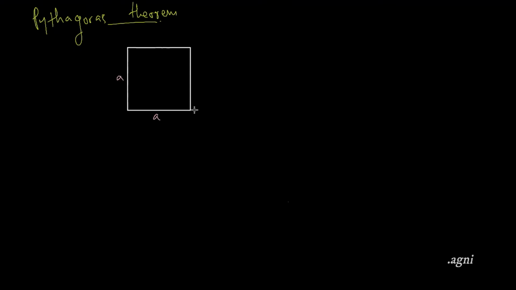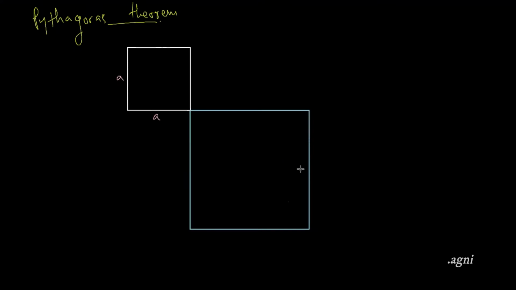Let's say there is another square we own, in this way. Let's say this is B, so this is also B. What is the meaning of area in these two-dimensional spaces?